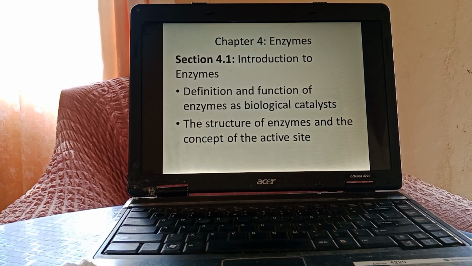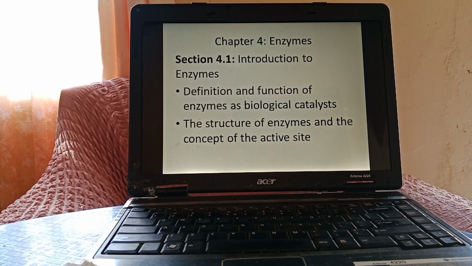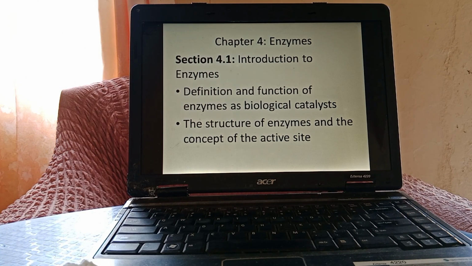Chapter 4, Enzymes. Section 4.1, Introduction to Enzymes. You have the definition and function of enzymes as biological catalysts, and then you have the structure of the enzymes and the concept of active site.